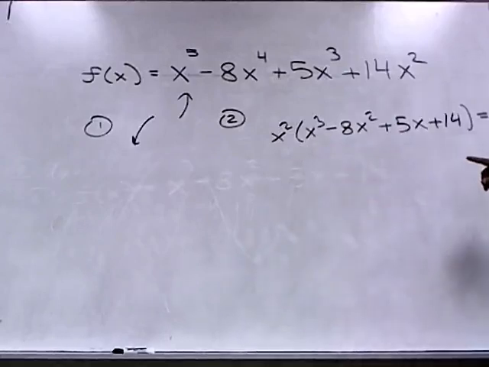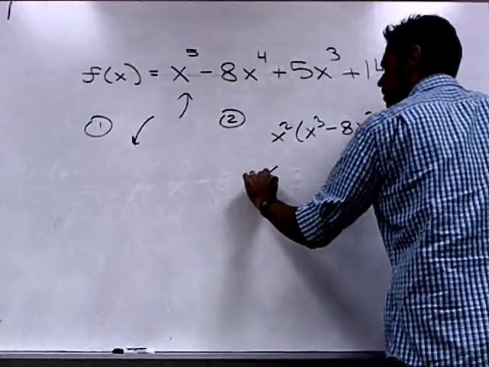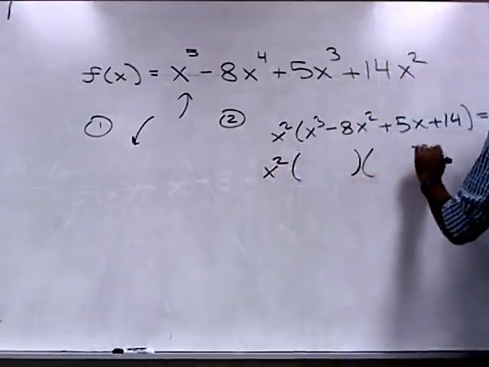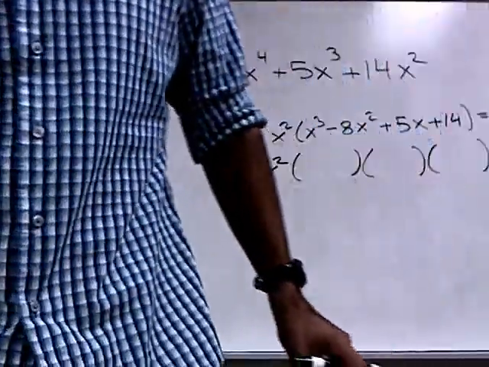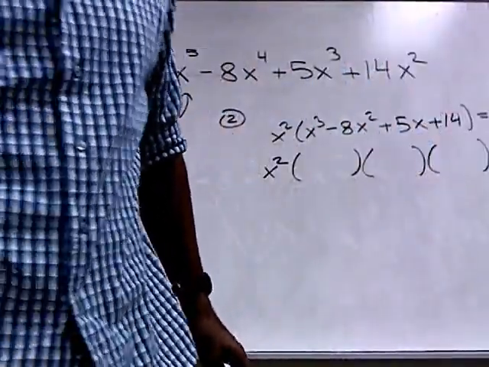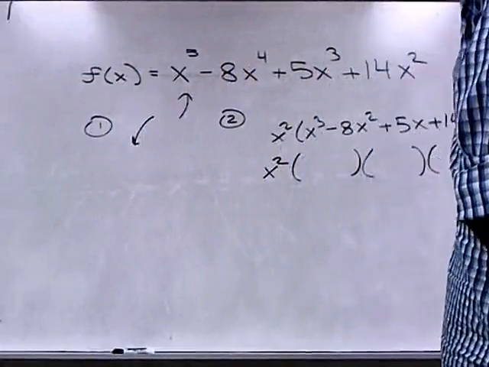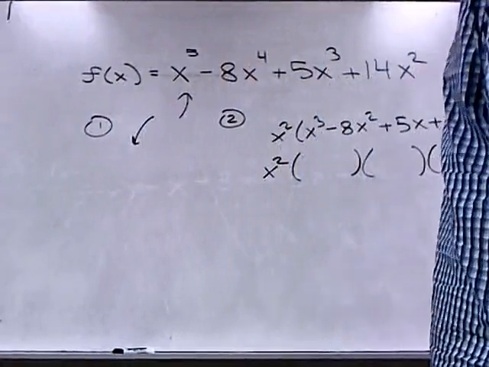Is that all right? Now, what were the factors? Does anyone remember what they were? Let's see. Oh, I know what they were: minus 2, plus 1, minus 7.